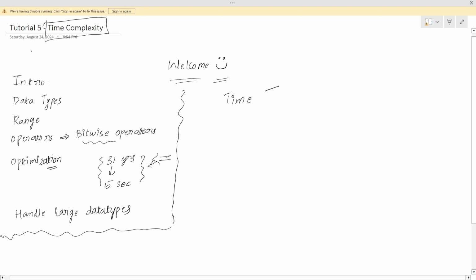Like we have seen it taking 1 second, it taking 5 seconds, and it taking something like 31 years. So you have seen manually what is the actual time it's taking.